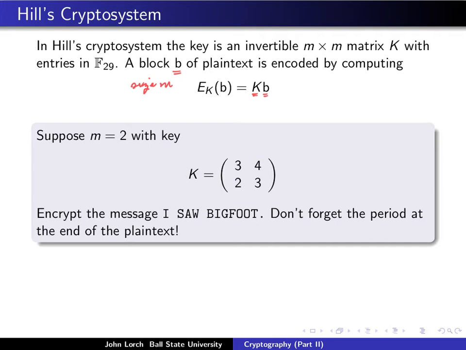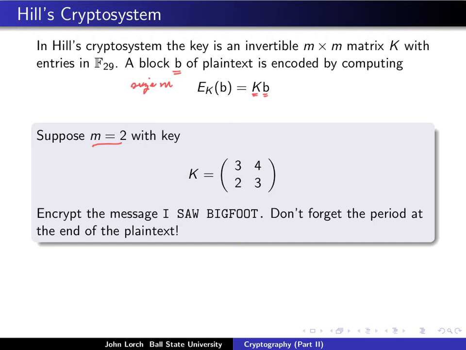Okay, so an example is good here. So let's look at what happens when M is equal to 2, in which case the key matrix will be this 2 by 2 matrix with entries 3, 4, 2, and 3. And we're going to encrypt at least part of the message, "I saw Bigfoot."